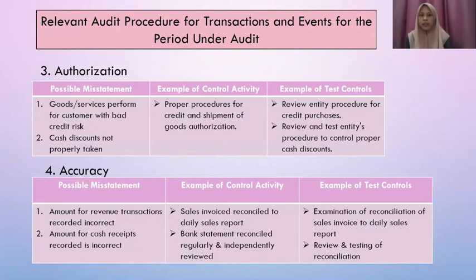As with revenue transactions, the management can use the bank statement and reconcile it regularly and have it independently reviewed. The auditor could then review and test the reconciliation, whether it's effective, efficient, and independently reviewed by an independent party.